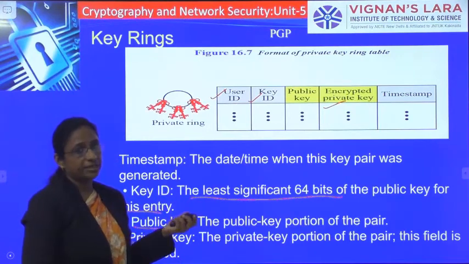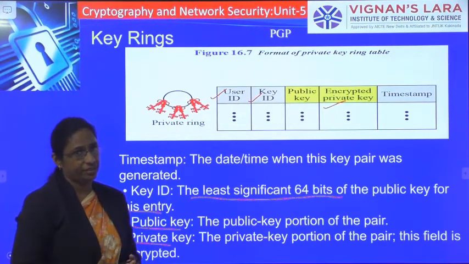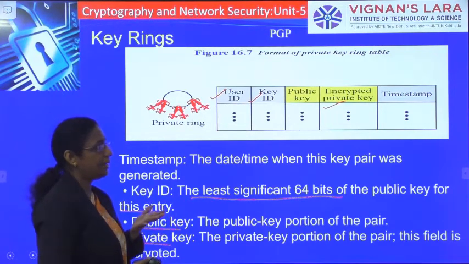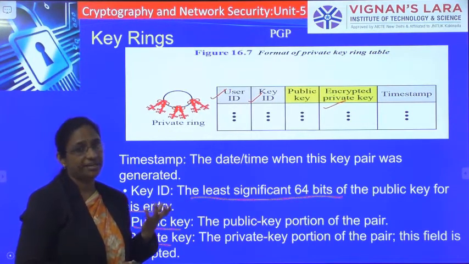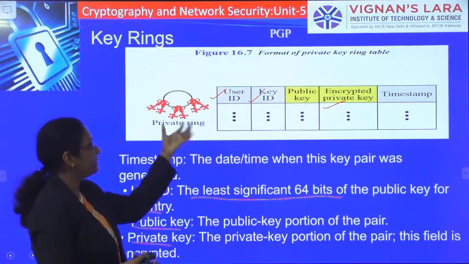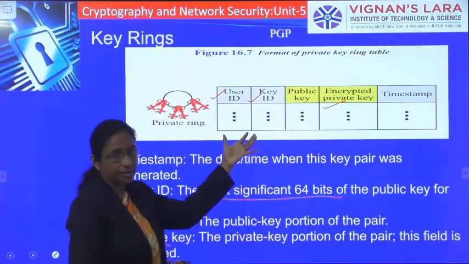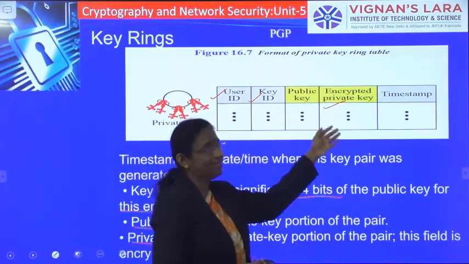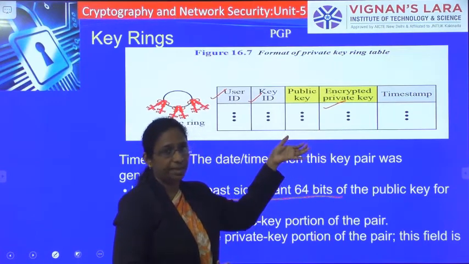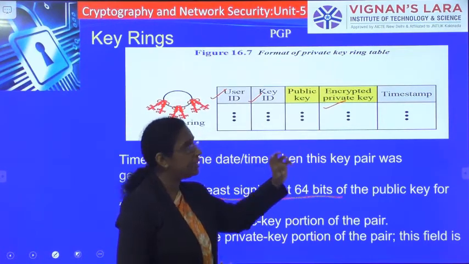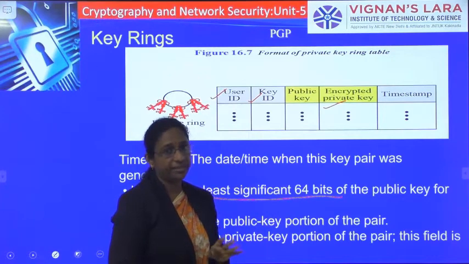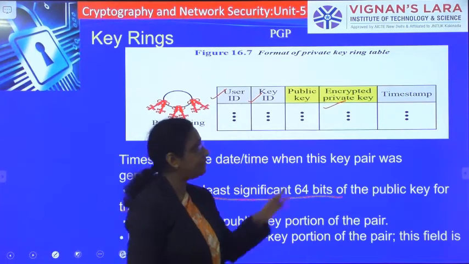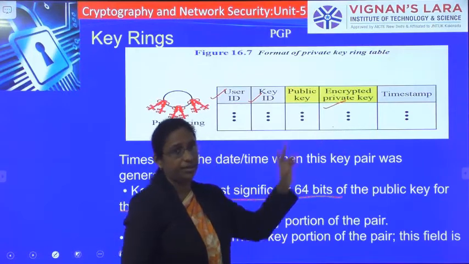Since the private key has to be kept secret, whoever opens this ring should not be able to see it. To make the private key secret, they have to encrypt the private key, and that encrypted private key value has to be stored in the ring.